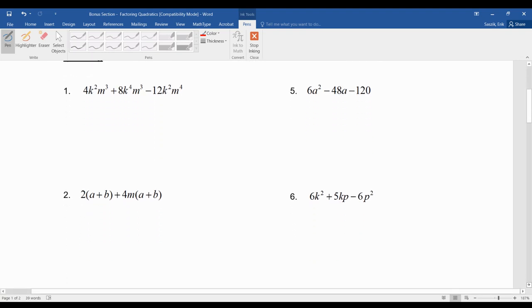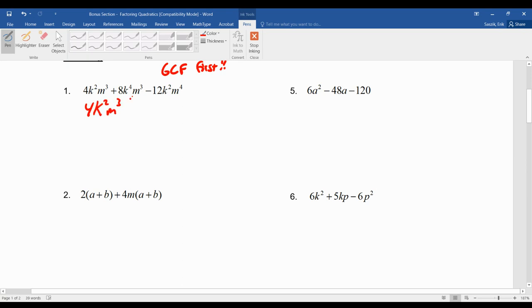Now, the left-hand column is mainly just GCF stuff. I'm just going to talk about the first one. Remember, GCF stands for greatest common factor. You should always take out the GCF first. Here, you can take out the lowest power present of the variable. You see k squared, k to the fourth, k squared, so there's at least k squared everywhere.